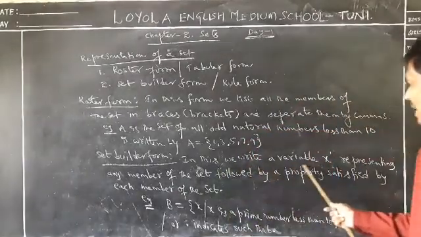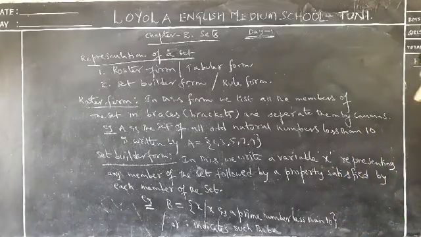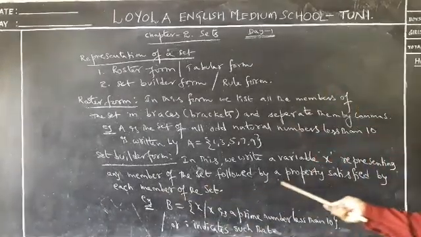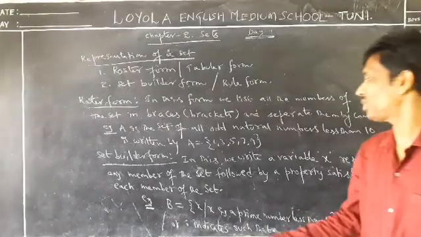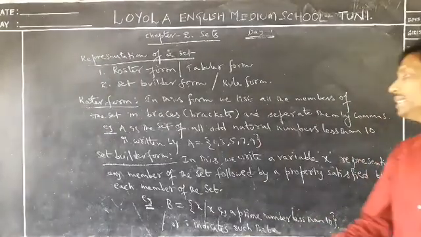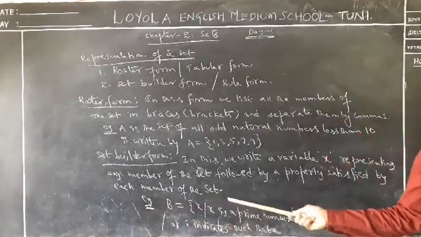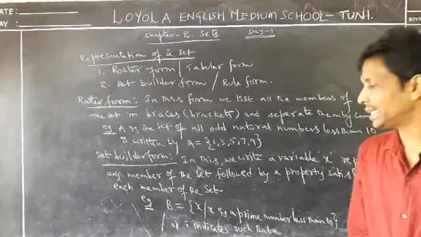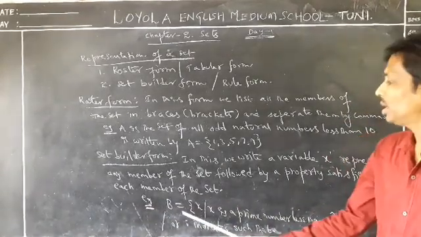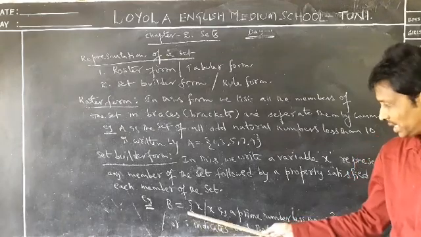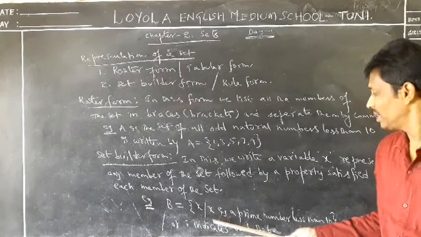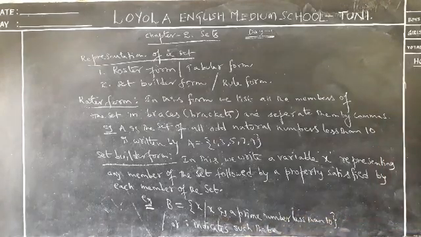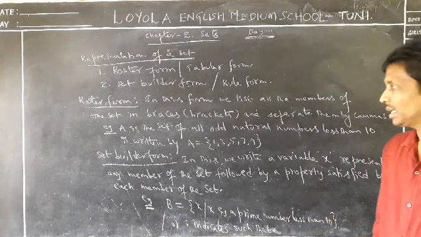So in this we write a variable x representing any member of the set followed by a particular property satisfied by each member of the set. See here one example. B is a set equal to the set of all x such that x is a prime number less than 10.